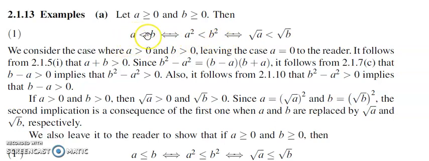So square root of A less than square root of B implies square root of A the whole square is less than square root of B the whole square. Square root of A the whole square is A, and square root of B the whole square is B. So root A less than root B implies A less than B.